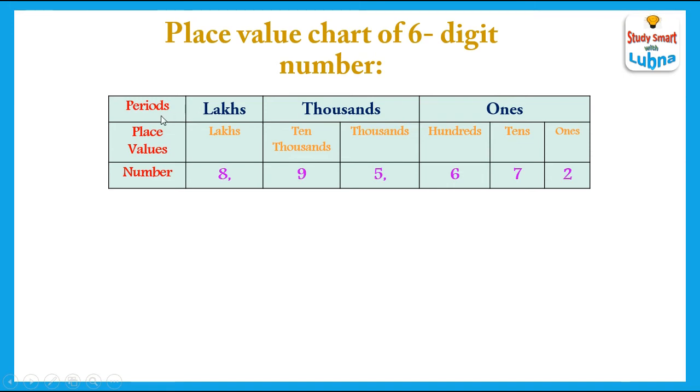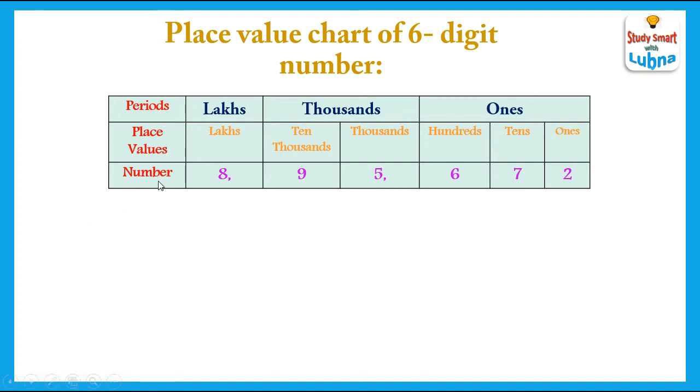In each period we have different place values. Like in ones period we are having ones, tens and hundreds place values. In thousands period we are having thousands and 10,000s place values, and in the lakhs period we are having lakh place value.